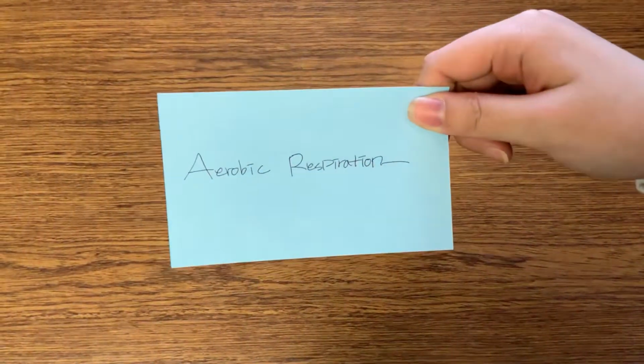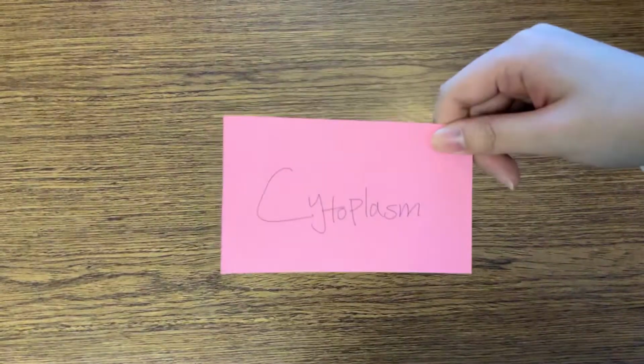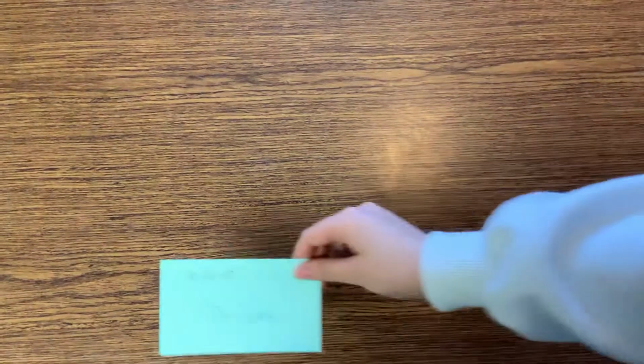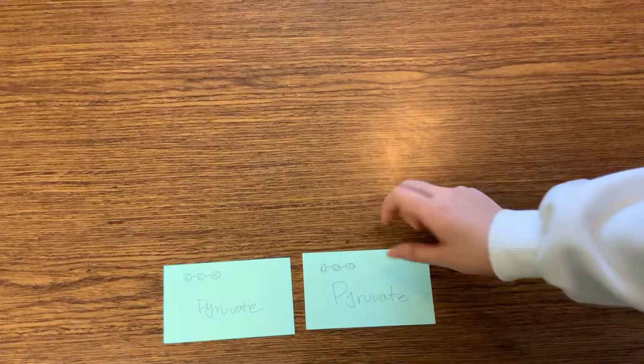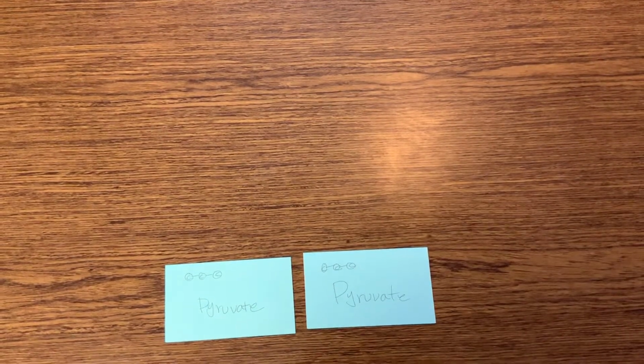Next step is aerobic respiration. The first stage of aerobic respiration is glycolysis. Glycolysis takes place in cytoplasm. In glycolysis, one glucose is split into 2 pyruvate consisting of 3 carbons each.